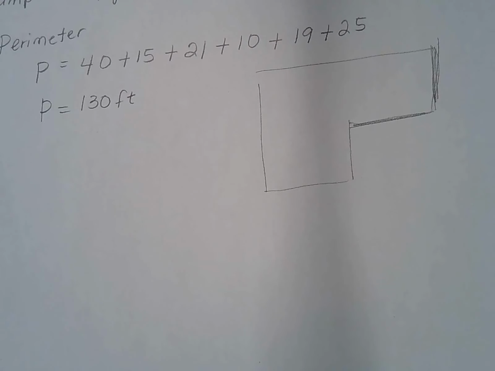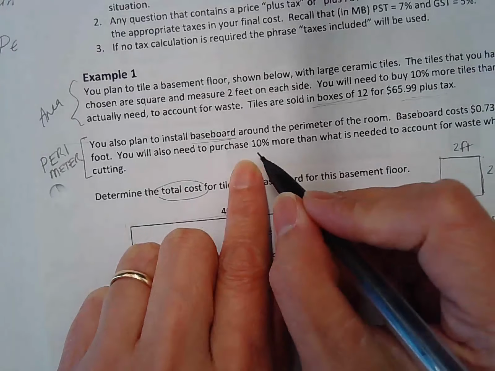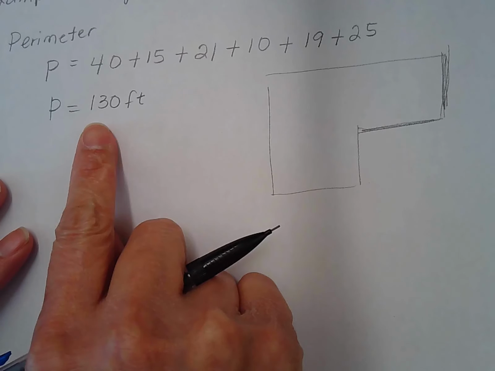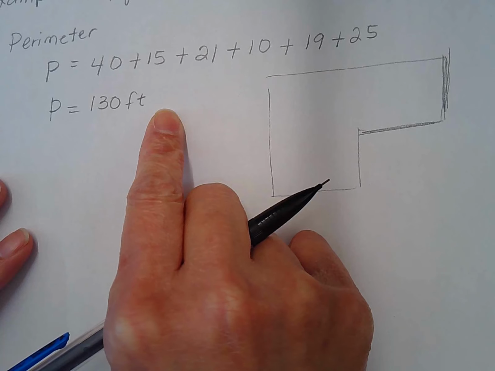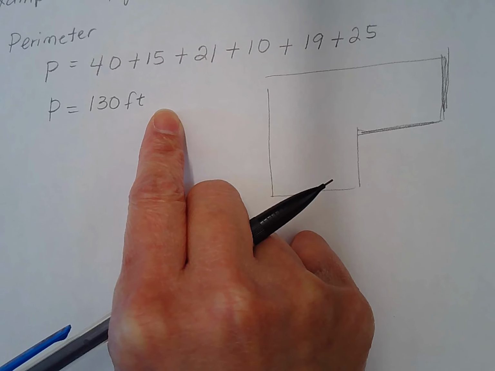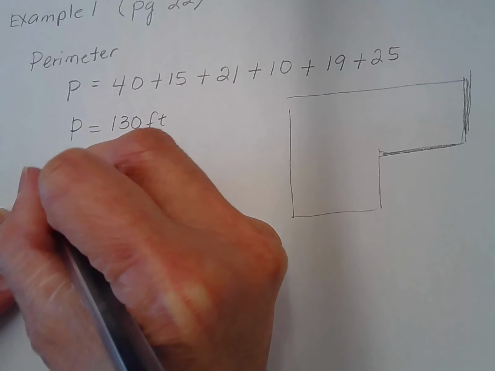Just in case there's cutting and some mistakes, right? It says here, we need to purchase 10% more. So this is the 100%, right? 100% is 130 feet, but we want 10% more.